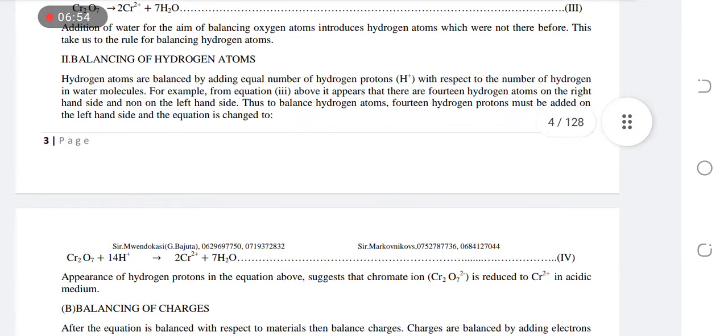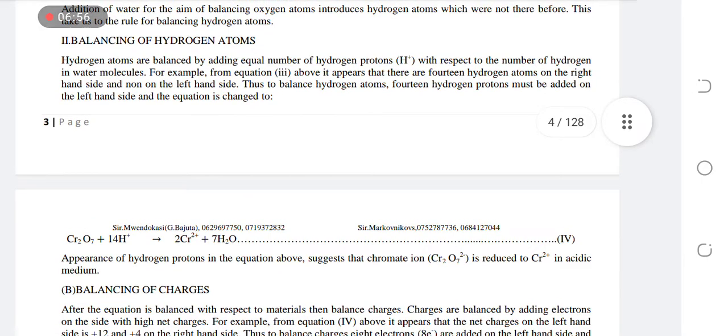Balancing of hydrogen atoms. Hydrogen atoms are balanced by adding an equal number of hydrogen protons with respect to the number of hydrogen in the water molecules. For example, if there are 7 water molecules, it means there is 7 times 2, you get 14 hydrogen protons. So in order to balance hydrogen, you must add 14 hydrogen protons on the side where there is no hydrogen.